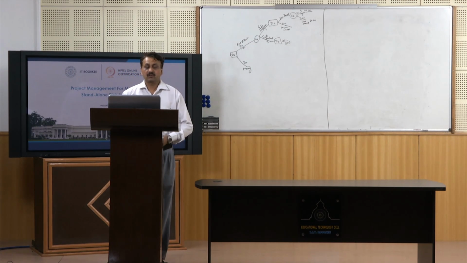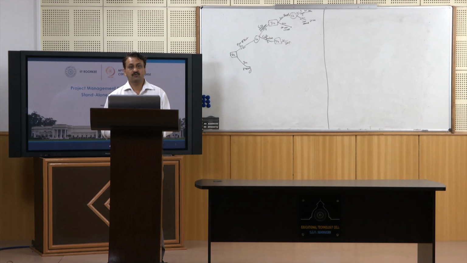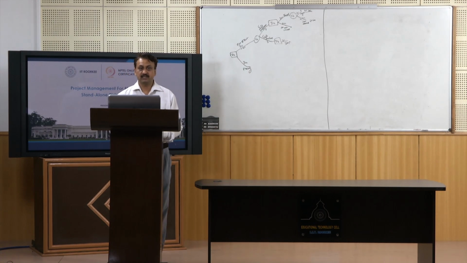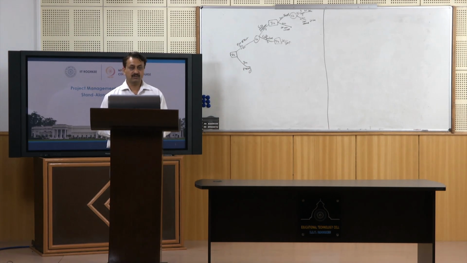So for decision tree analysis, there are 4 steps which you need to take. The first step is very important. You need to find out what is the problem and what are different alternatives. Once you are done with problem and alternatives, the next step is delineation of the decision tree, right. You need to prepare a decision tree, in which you will have different decision points and different choice points, right.